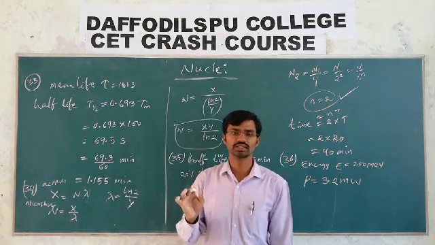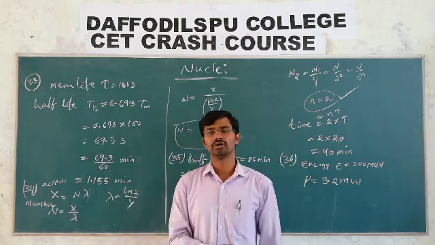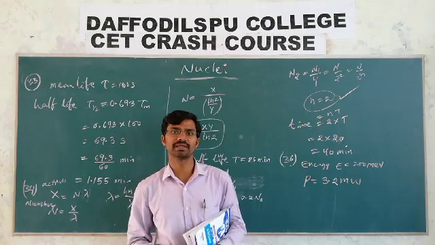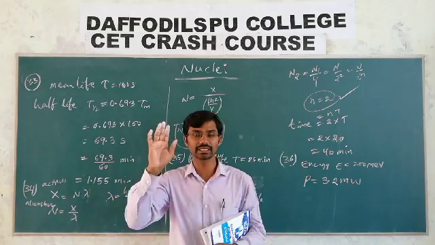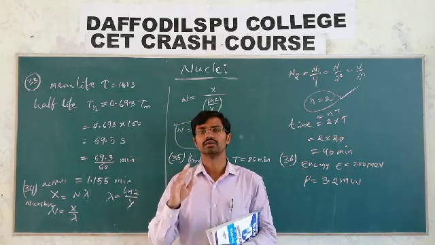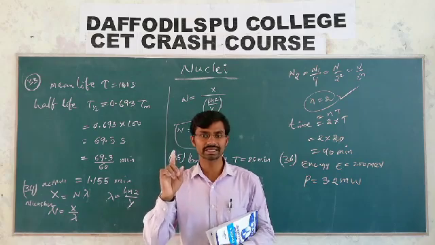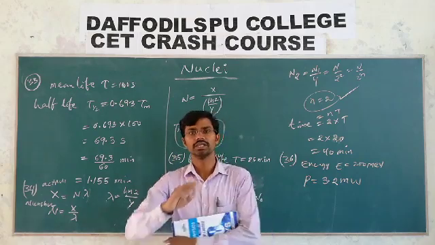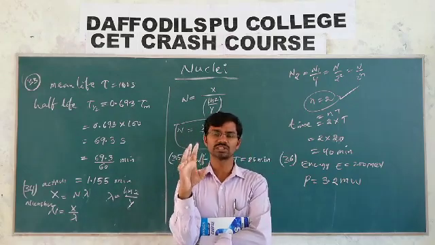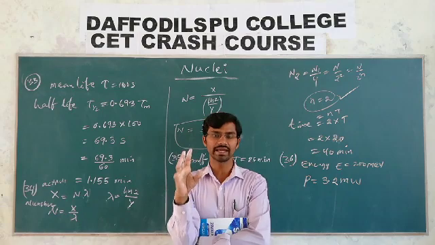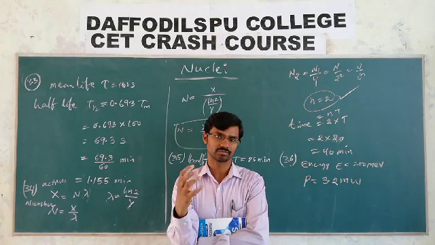So this is about nuclear fission reaction. Whereas nuclear fusion cannot take place at all temperatures and pressures, but only at very high temperatures and very high pressures, around 10 power 7 Kelvin. So it is also called a thermonuclear fusion reaction.